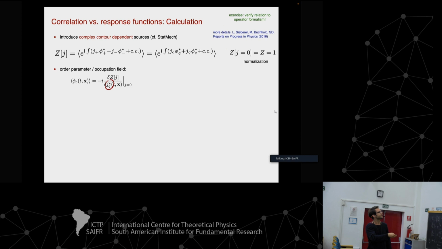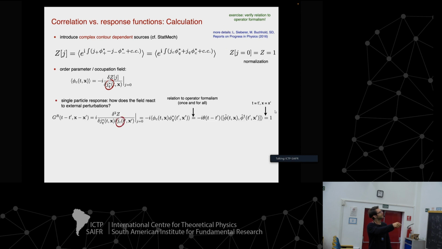For example, the order parameter, or the field expectation value, we get by taking one derivative with respect to this J quantum here, and the single particle response function is just a second variation with respect to quantum and classical source, which produces this combination of fields here. So this is the systematics of how to generate all possible correlation functions, including high order ones.